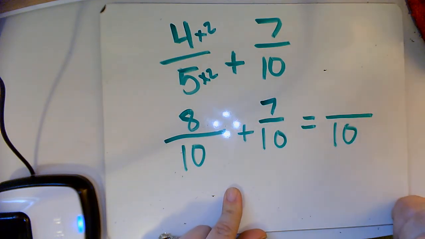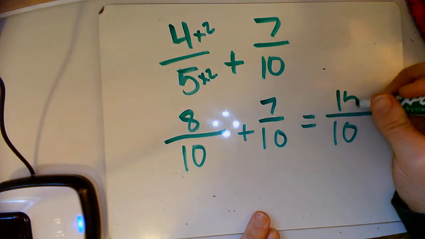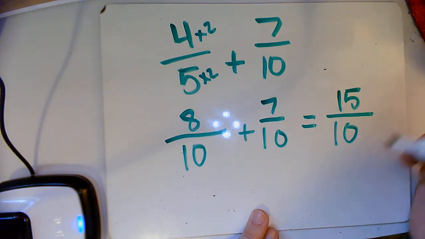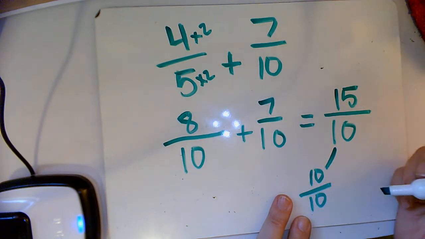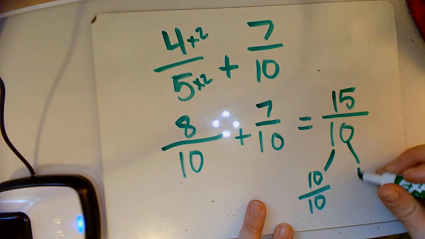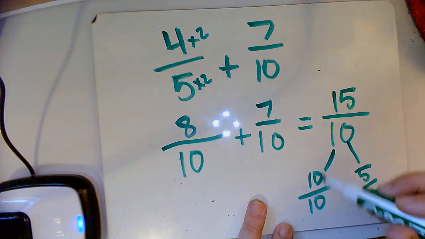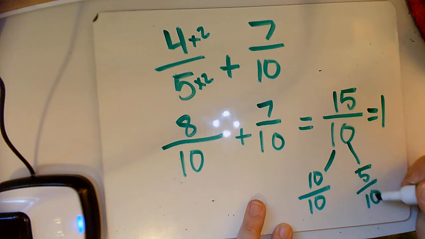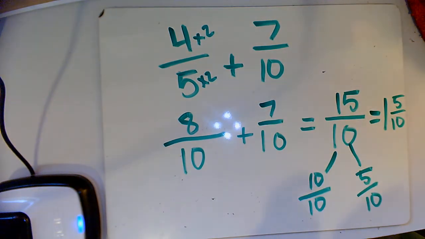Denominator stays the same as 10. 8 plus 7 gives us 15. 15 is larger than our denominator of 10. So if I take 10 of those tenths, what does that leave us with? So 15 minus 10 is going to leave us with 5 tenths. 10 tenths is equal to 1, so we can rewrite this as 1, and we still have those 5 tenths.